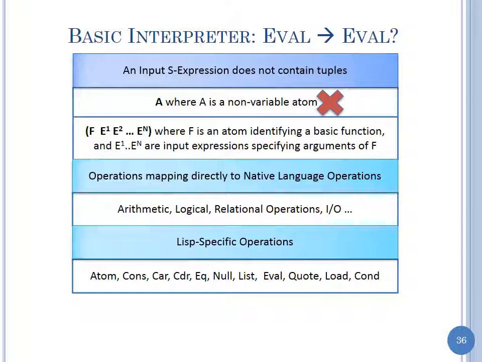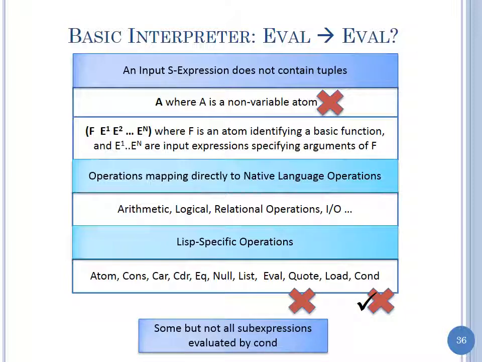So quote and cond. Yeah, it's one argument that is evaluated. It's kind of in between. Okay. Some but not all sub-expressions are evaluated by cond. So that's part of the confusion here.